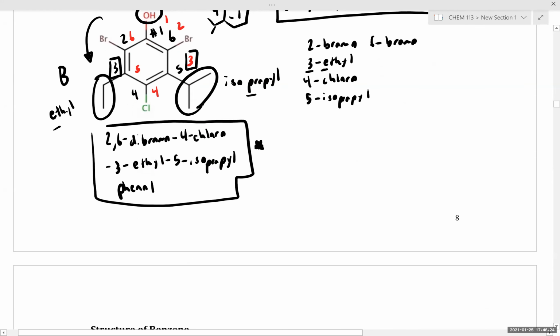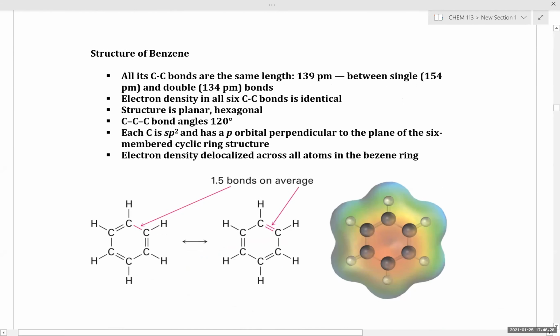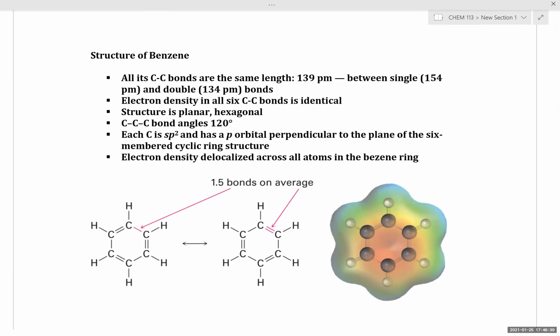Okay, so let's keep going now and let's talk a little bit about the structure of benzene and some properties of benzene. So for benzene, all of the carbon-carbon bonds are the same length, roughly 139 picometers, between that of a single and double bond. The electron density in all 6 carbon-carbon bonds is identical, and the structure is planar hexagonal.